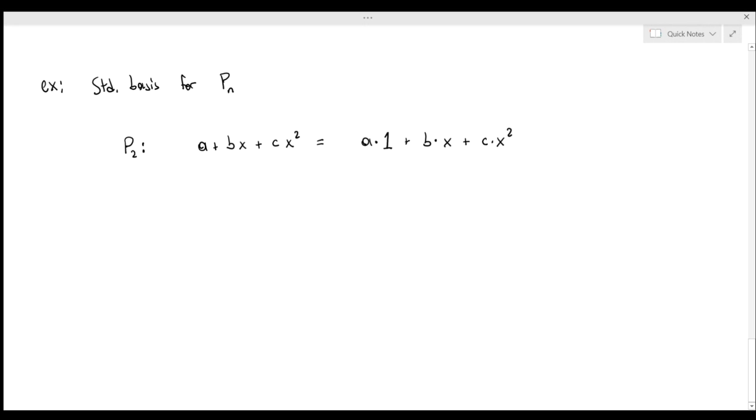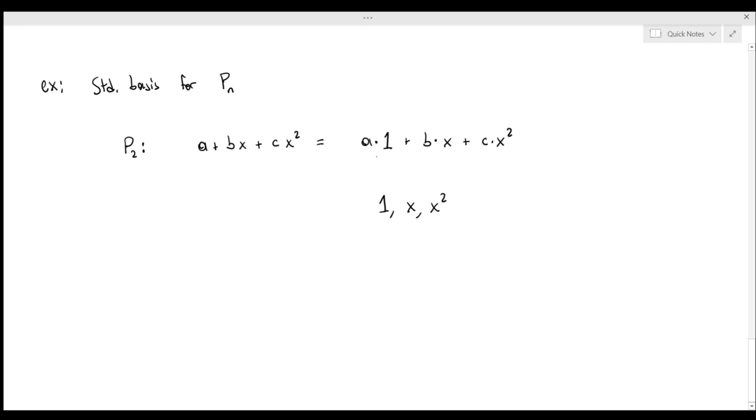Thinking of 1, x, and x squared as polynomials, we see that they span P2 because every polynomial in P2 can be written as a linear combination of them.